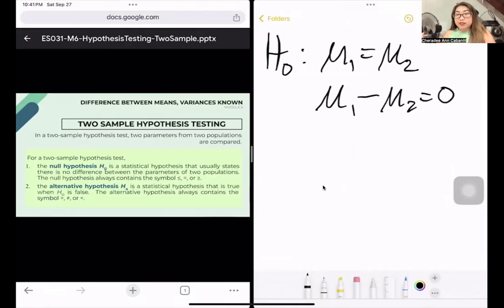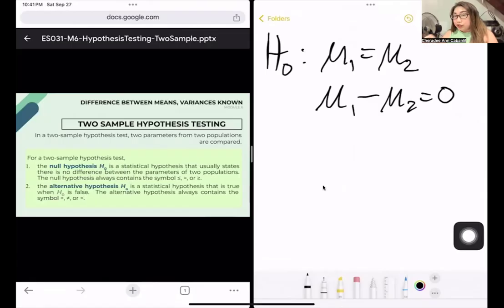You can present it this way because if you transpose mu2 to the left side, it takes up the negative value. So equal to 0. That's the law in math.